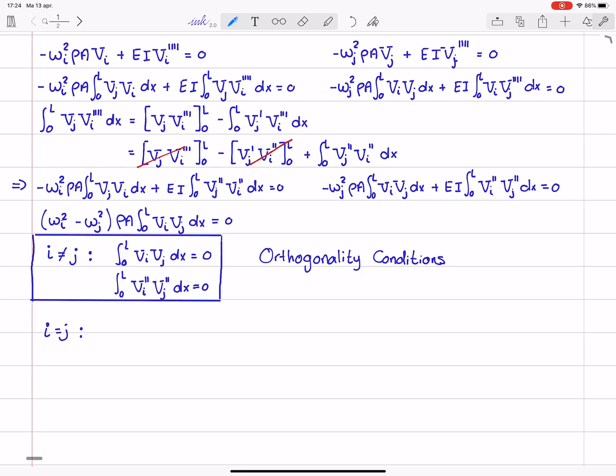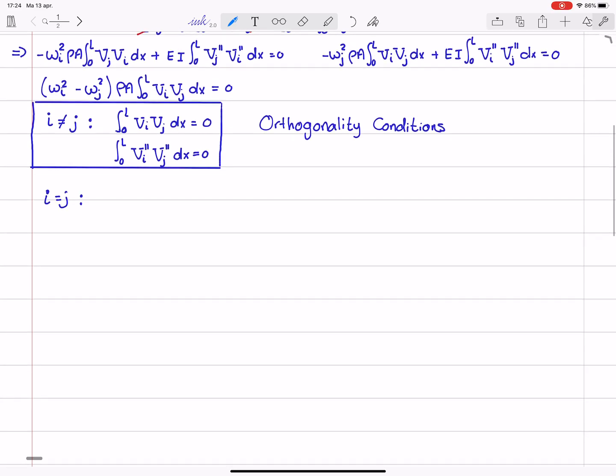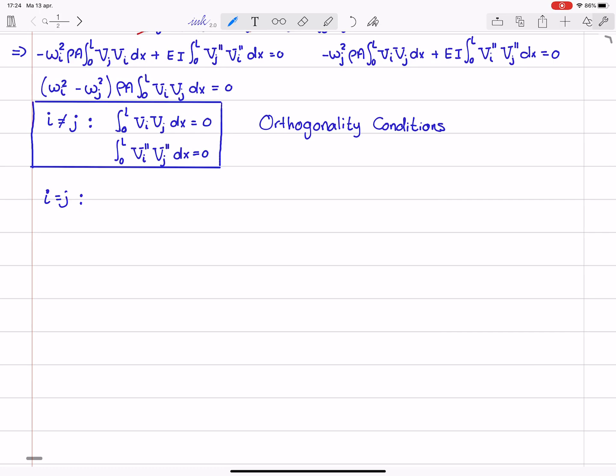Then by rewriting the equation I marked with an arrow here, we conclude that EI times the integral of v_i double prime squared dx divided by rho A times the integral of v_i squared dx must be equal to omega_i squared. And this is where we get the mass normalization from.